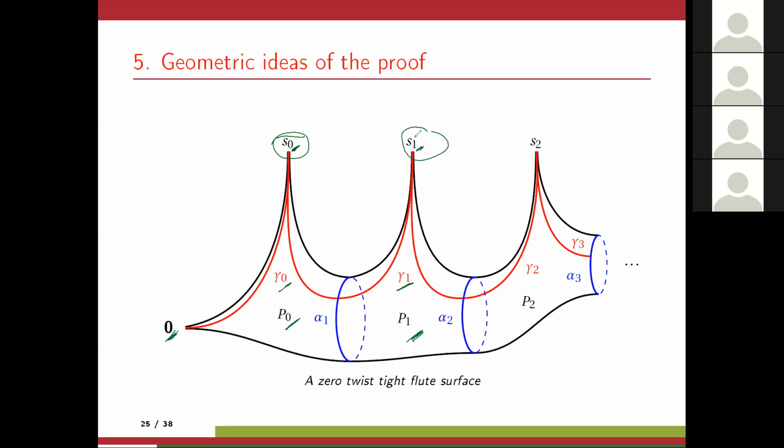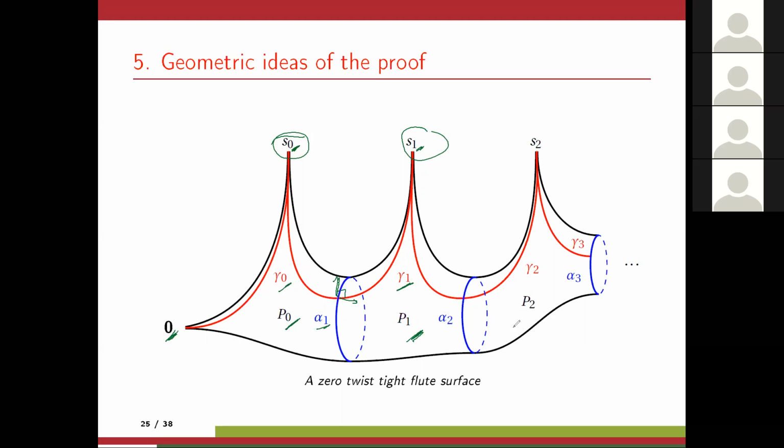This geodesic is special because when it passes through the geodesic alpha 1, the two are orthogonal. This is a property of this surface, a zero twist type flat surface. These facts always happen in this surface.